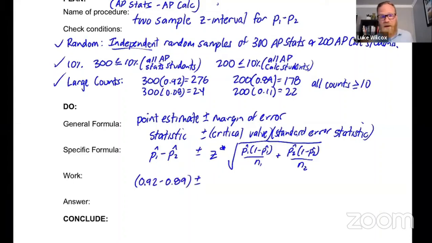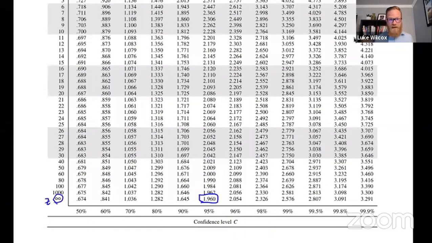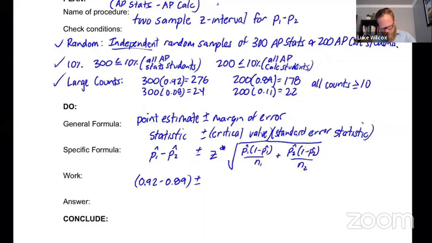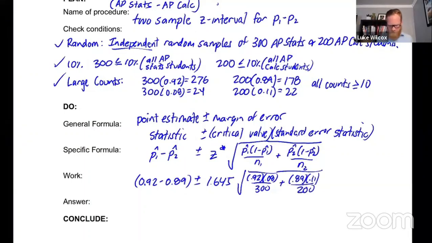Now I need a Z star value for a 90% confidence interval rather than a 95%. So let me see here, 90% is my 1.645. So 1.645 is my Z star. Now I got to plug in some numbers here, 0.92 times 0.08 all over 300 plus 0.89 times 0.11 all divided by 200.